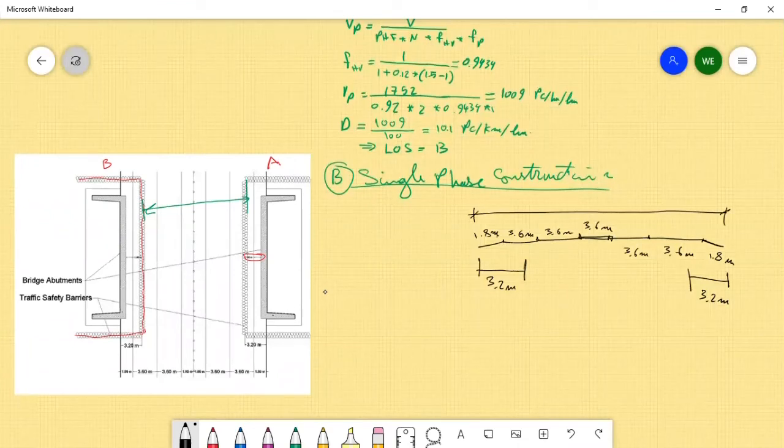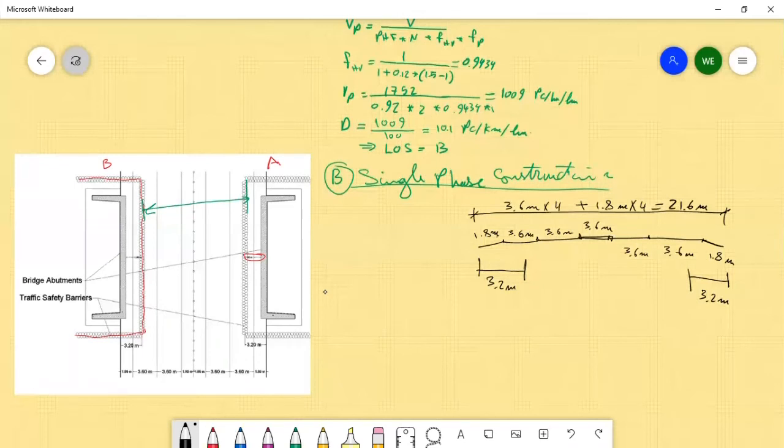Let's calculate this total width. This total width is basically 3.6 meters multiplied by 4 plus 1.8 meters multiplied by 4, equal to 3.6 multiplied by 6. So this is 21.6 meters.